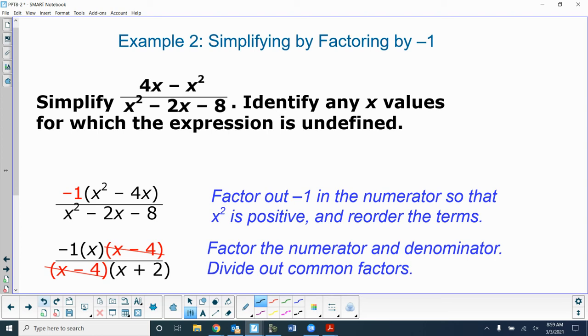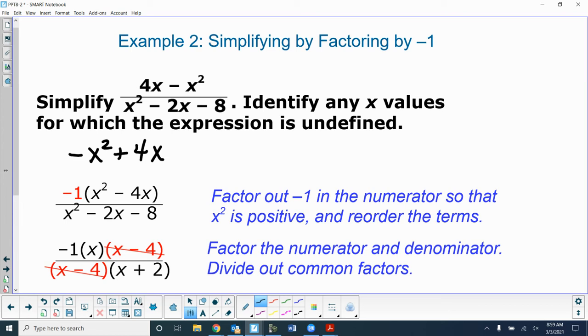You know, they put it in the wrong order. You're used to seeing x squared out front, right? So the first thing you want to do is switch it into the order that you're used to. Also, what's going on here? There's a negative, okay?